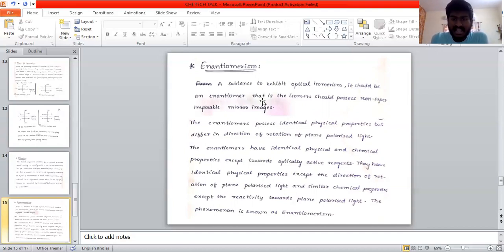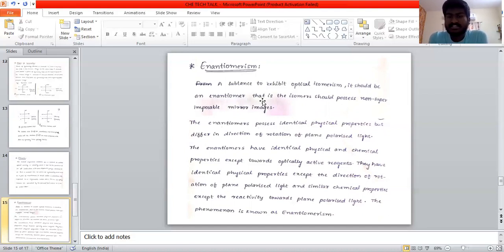So the enantiomers have identical physical and chemical properties except towards optically active reagents. They have identical physical properties except the direction of rotation of plane polarized light, and similar chemical properties except the reactivity towards plane polarized light. The phenomenon is known as enantiomerism.